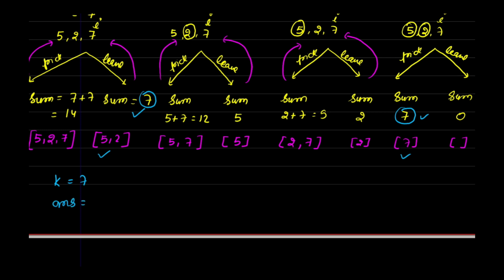So our answer is 5, 2 and the subset having 7. That is expected in our question.